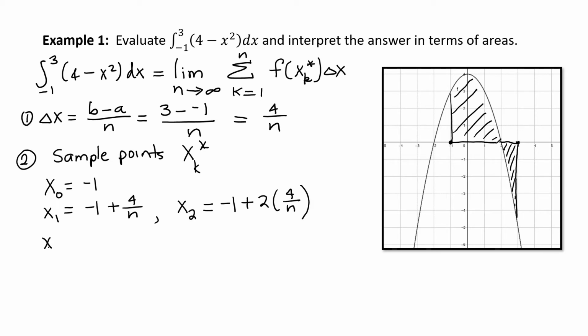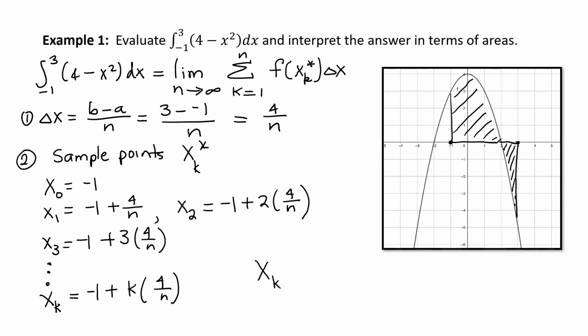X sub 3 would be -1 plus 3 times our width of 4 over n. Seen a pattern? Yes. That looks like x sub k could be -1 plus k times 4 over n. Our sample point representation, x sub k asterisk, is -1 plus 4k divided by n.